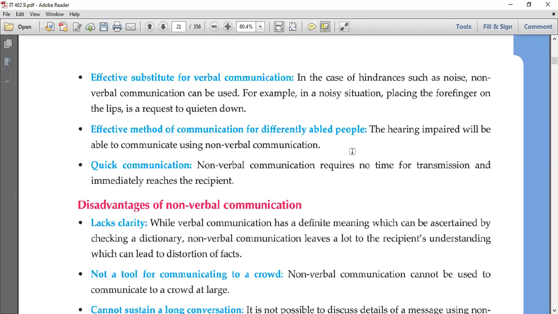Then, quick communication. As I told, if you place your forefinger on the lips to keep somebody quiet, that's the quick way to communicate whatever you want to say to them. Instead of explaining everything, you can simply say it with certain gestures. That is the easiest and quickest way to communicate with someone.